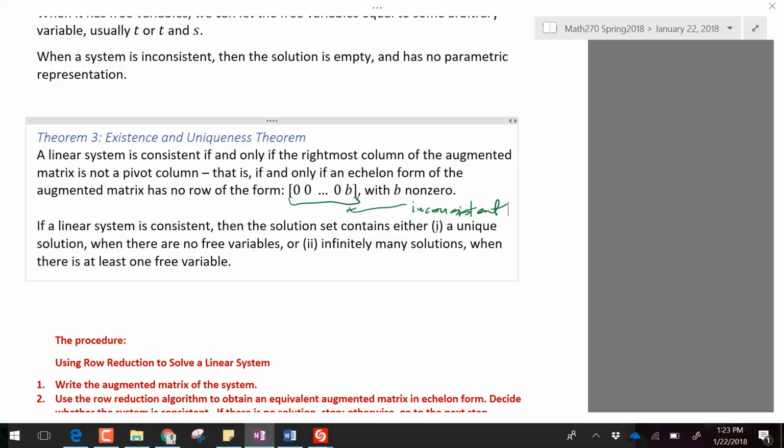But by the time we've got the matrix row reduced, we should be able to look at it and say, the system is inconsistent, or this system is consistent and it has exactly one solution, or this system is consistent and it has infinitely many solutions because there are some free variables. Okay, so those are 3 cases, 3 scenarios.